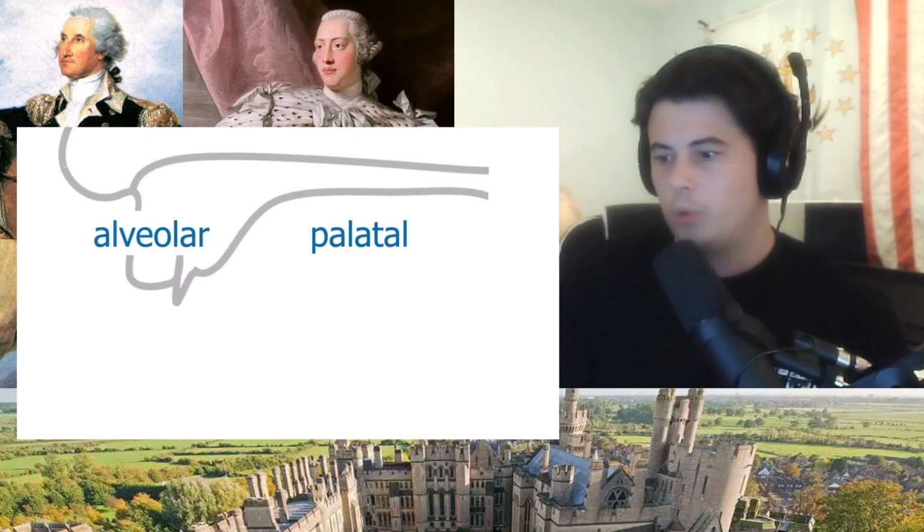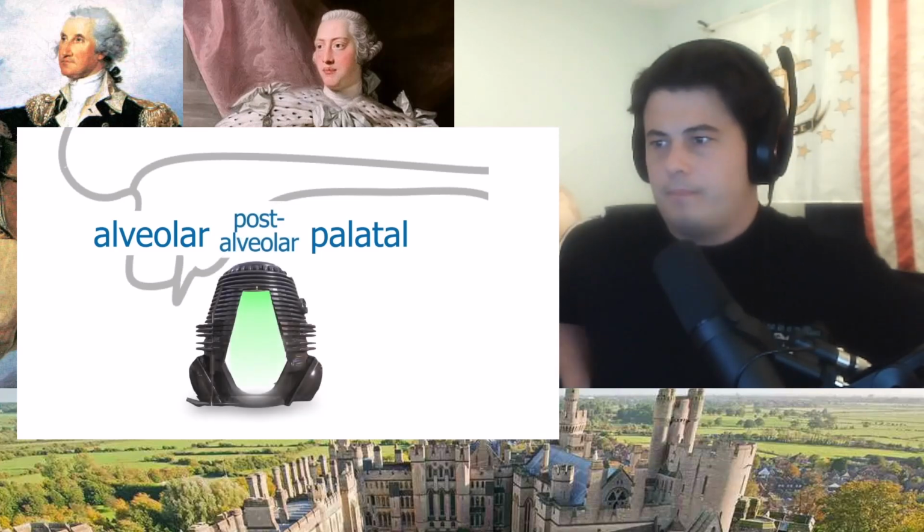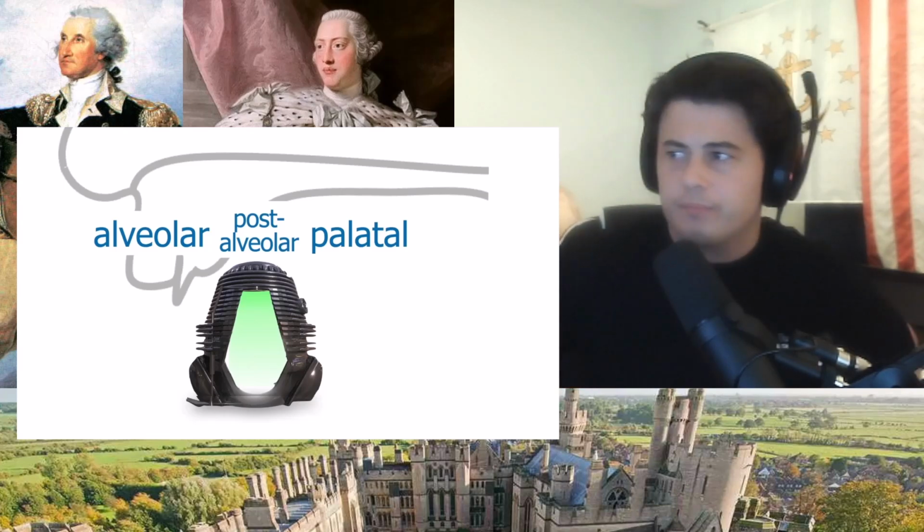This is by merging or coalescing the two sounds, creating a new sound intermediate between the two. If you saw my last video, you'll know that this intermediate zone is called postalveolar. This merger or coalescence happens widely across many accents right after a stress.